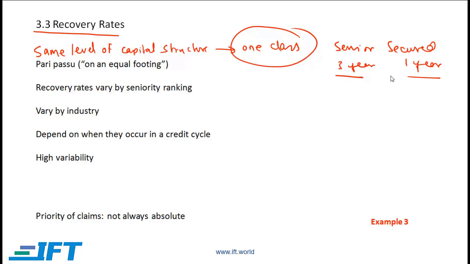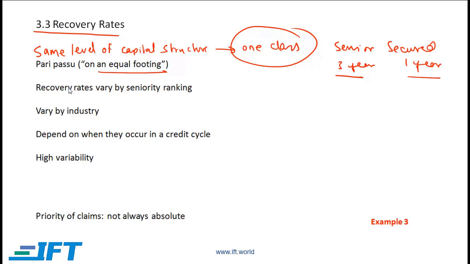So bottom line is, recovery rates are based on the class. The term used is pari passu, which means on equal footing. So all creditors who are in one class are on equal footing.